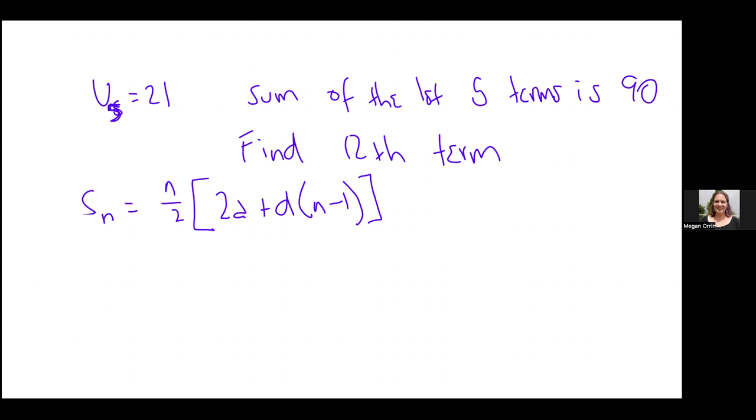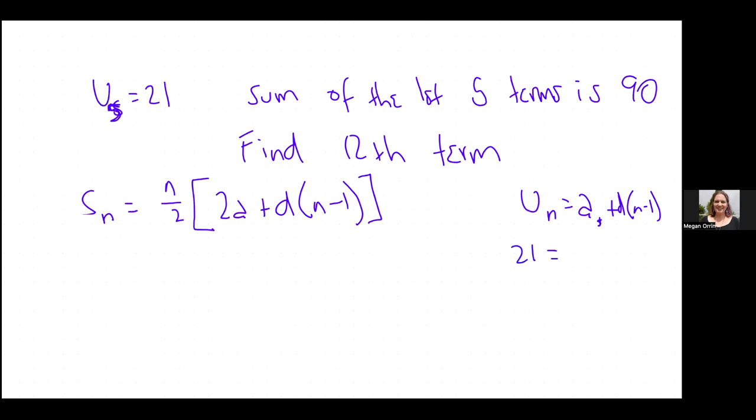Okay, let's use this information here. Let's go back to our normal arithmetic sequence. So really we're just using a plus (n minus 1)d, right? If I know this, how do I say 21 equals what?